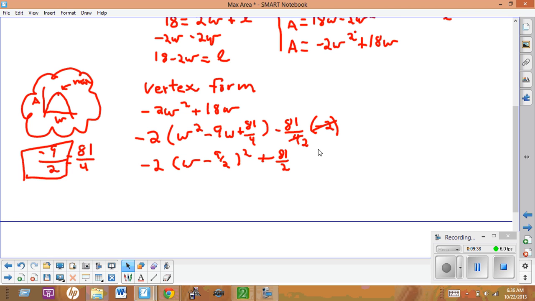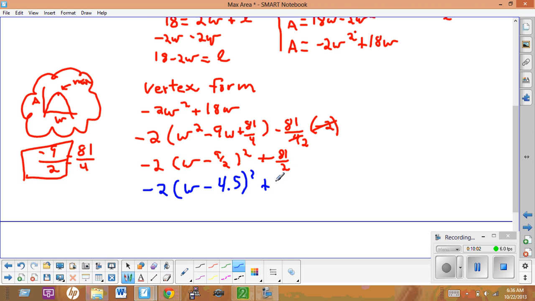We are going to rewrite our vertex form. Change colors here. And we're going to put them in decimals because when we're talking about fencing, we don't say 9 halves. We say, what is half of 9? When we say 4.5, 4.5 feet. Half of 81 is 40.5. Okay, let's pull the vertex out.